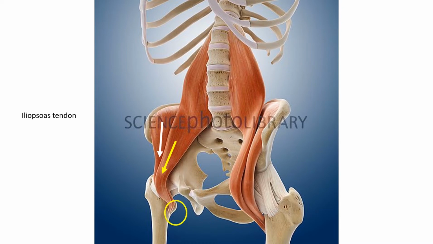They form a joint tendon, and they insert together on the lesser trochanter. Therefore, two muscles have at the end one tendon, and it is called the iliopsoas tendon.